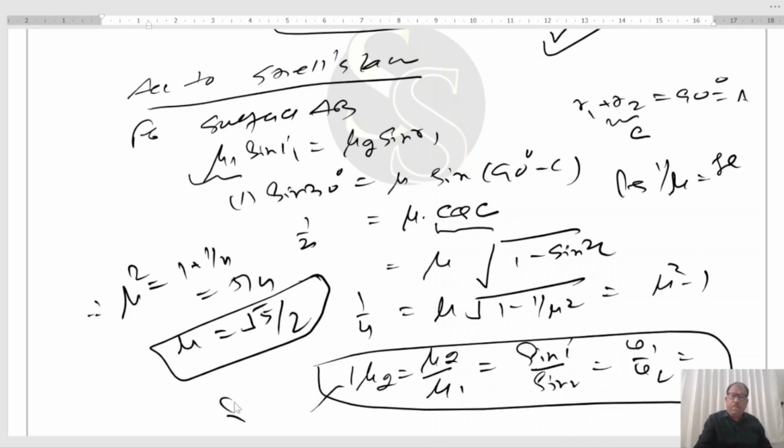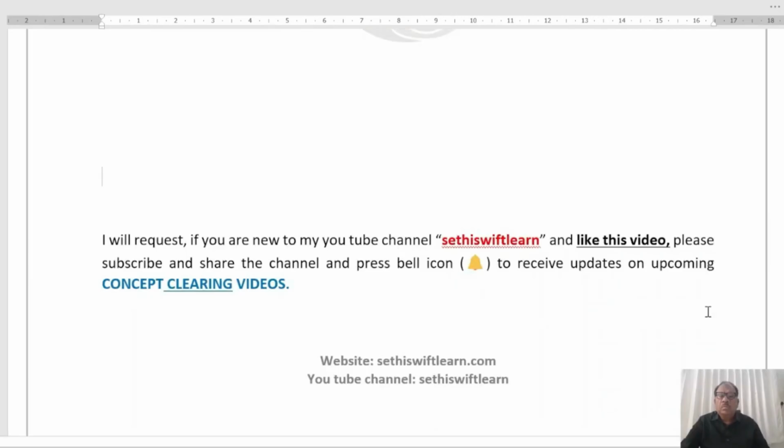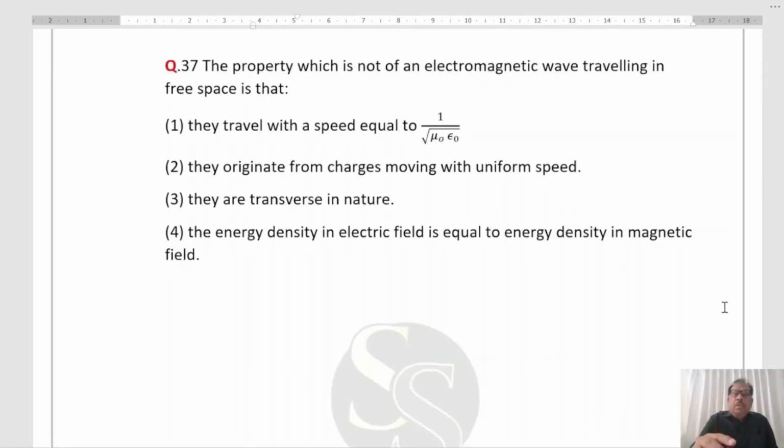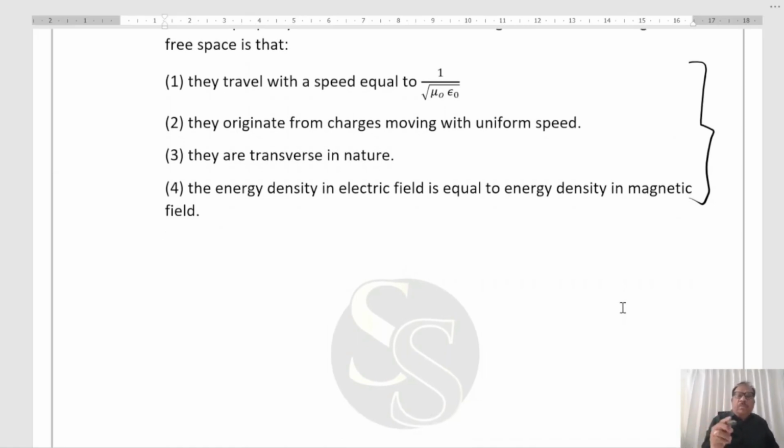This is applicable here, right? Next question: which property is not of an electromagnetic wave traveling in free space? Four options are given to you, and one of the options is correct. Before giving the answer, let us discuss some additional information.